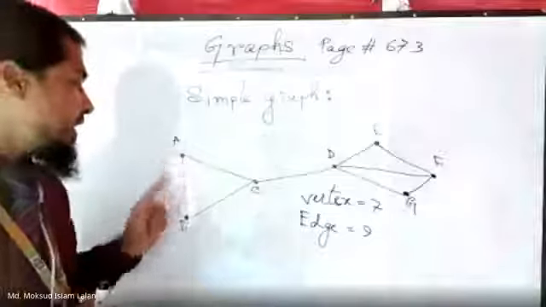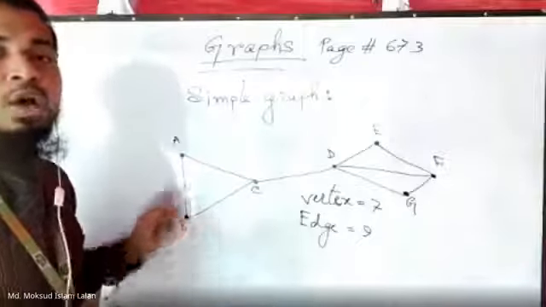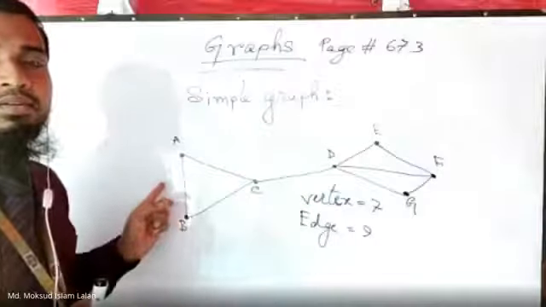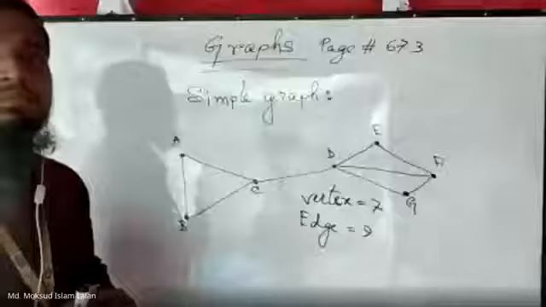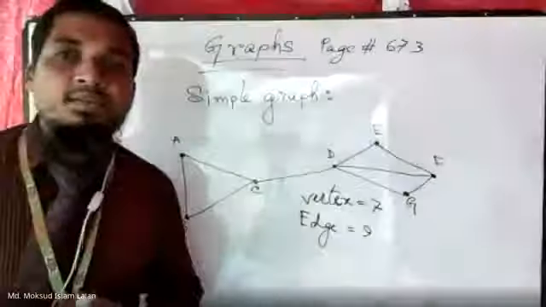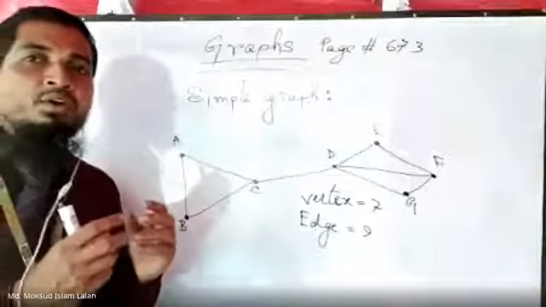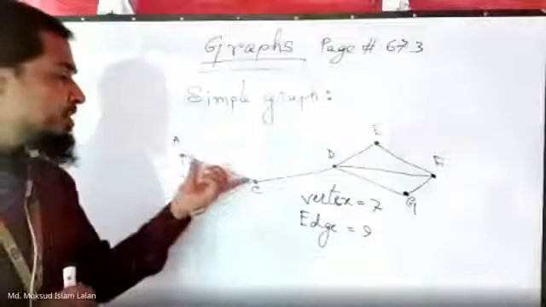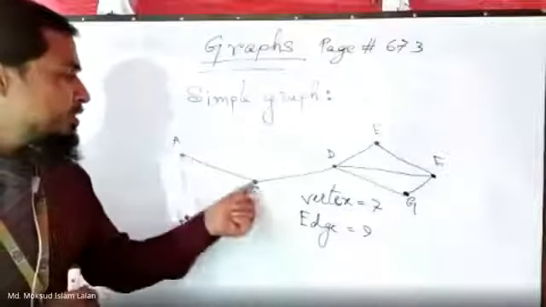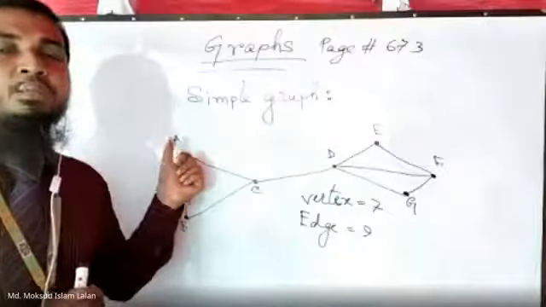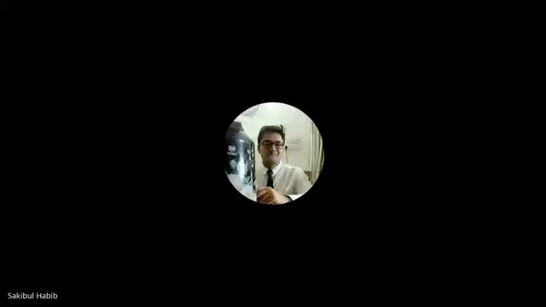If you consider vertices A and B, how many edges are here? 1. You need to count between specific vertices, A and C, how many edges? So single edge or multiple edges?